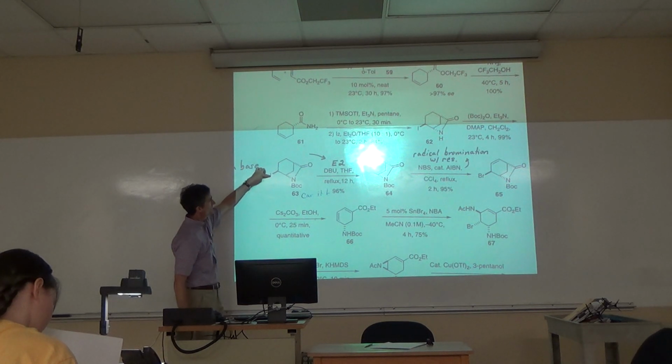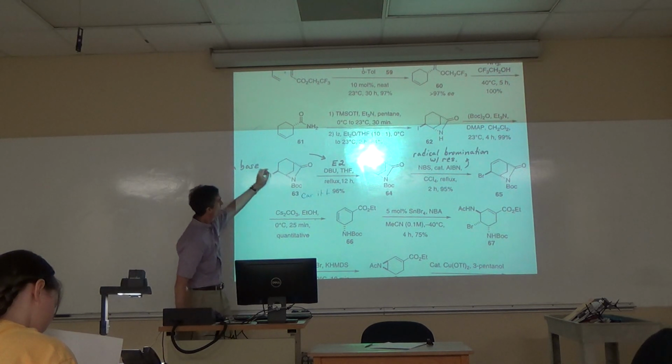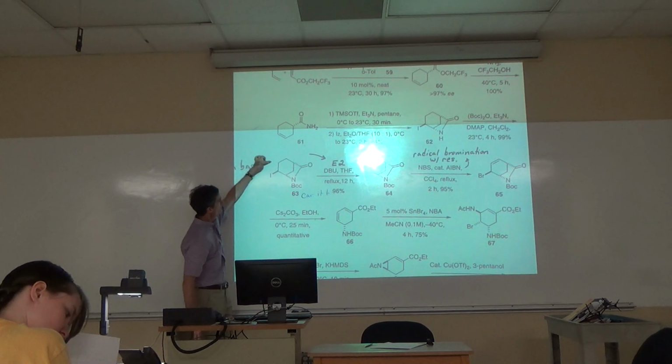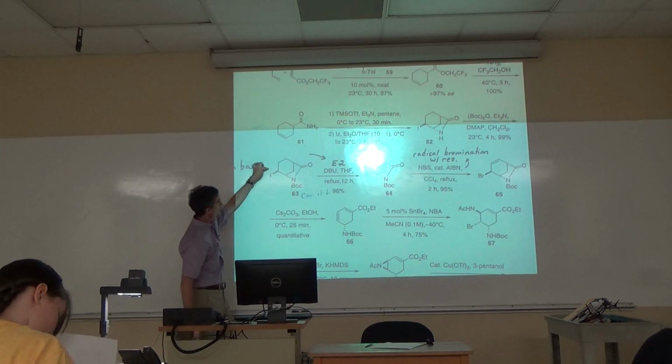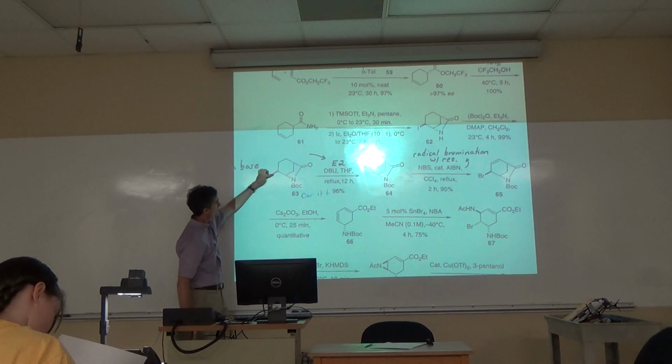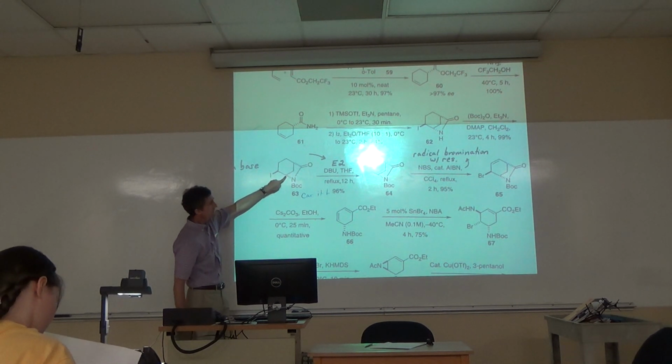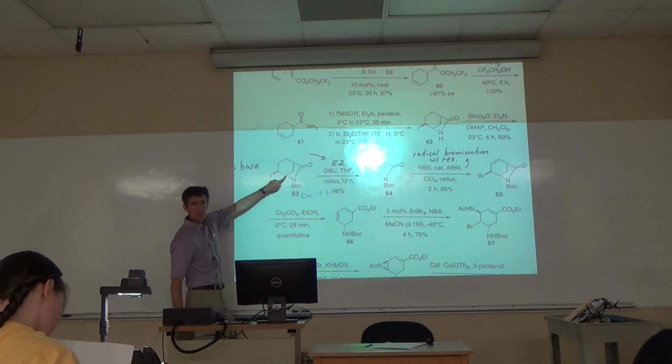Iodine leaving group, DBU as a base, and then putting a double bond here. Taking the H, electrons in, iodine off. There's also an H on this carbon. Do we need to be concerned about this H being eliminated and putting a double bond in here?